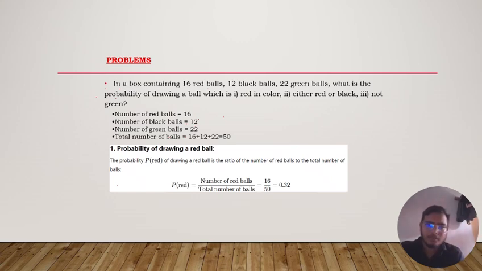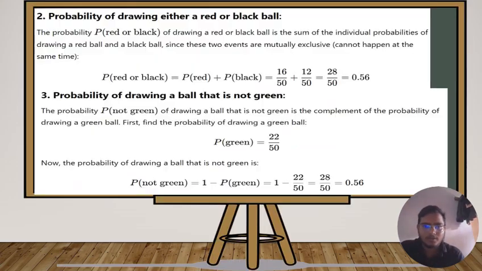Next is either red or black. Either red or black means drawing red or black. We have black and also red, so we can draw either one.